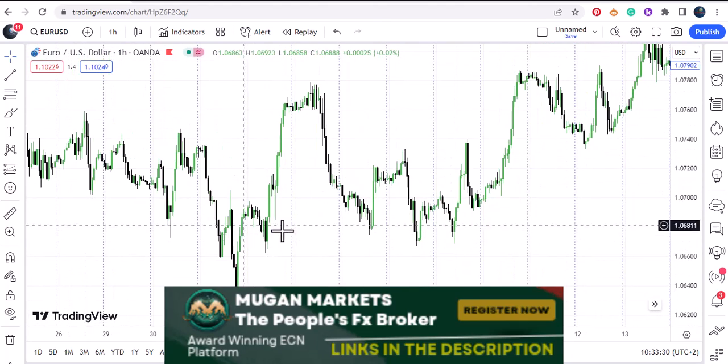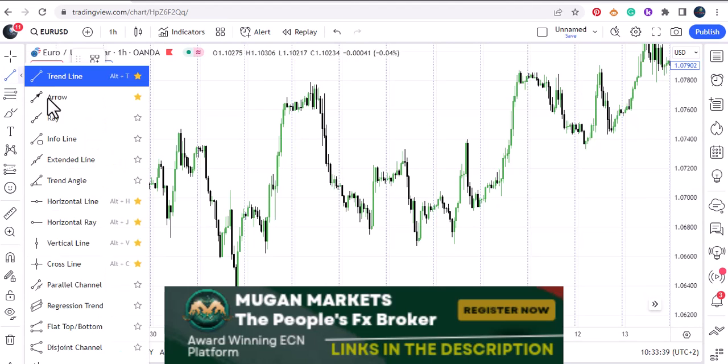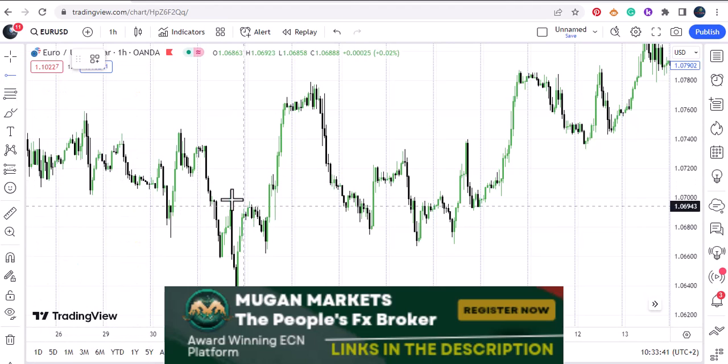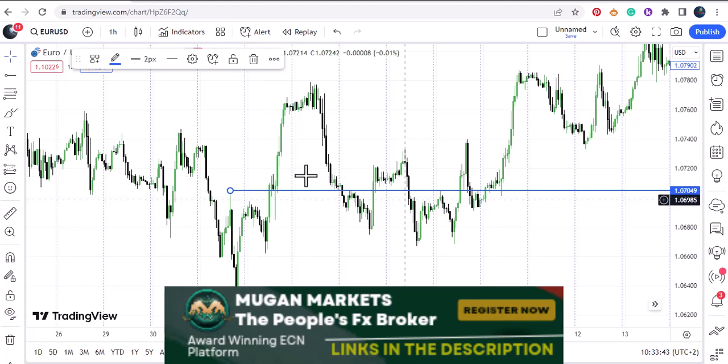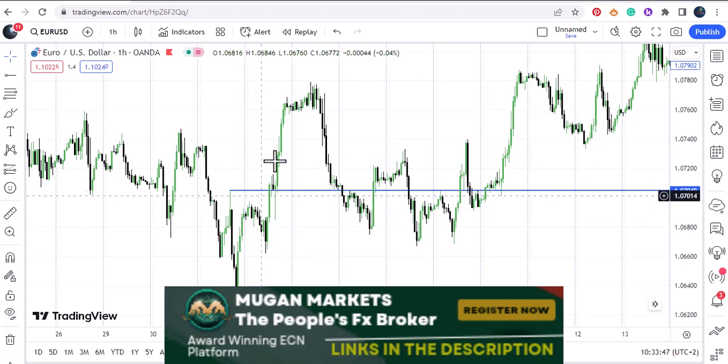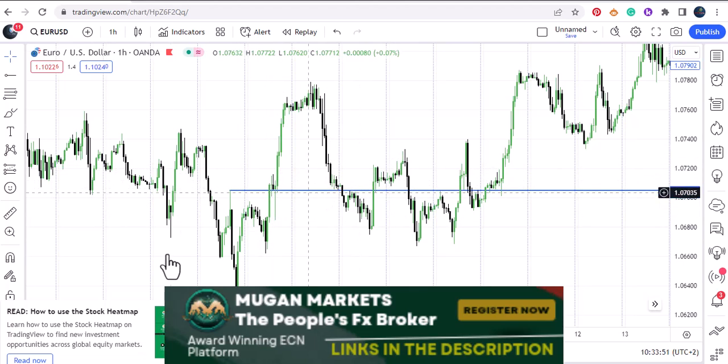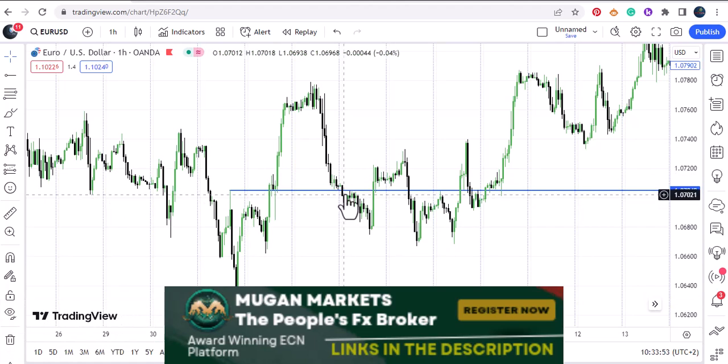Let's say we are at this particular point, right? If you can clearly see here what we are trying to do, let's just draw a line here. If you look at this line, at this particular point, this is a break of structure, and you can buy here. But some can buy the retest, and some will be waiting for the breakout.